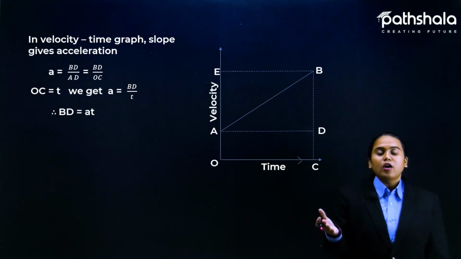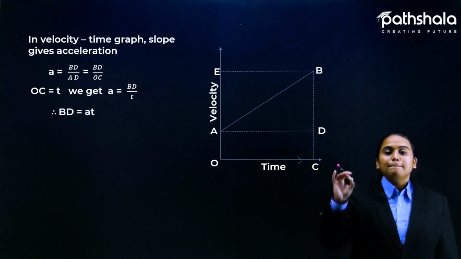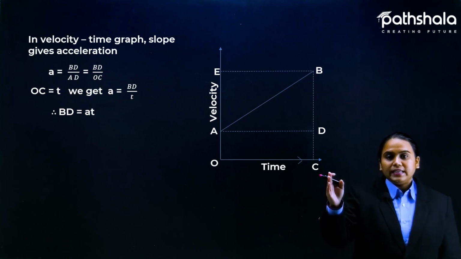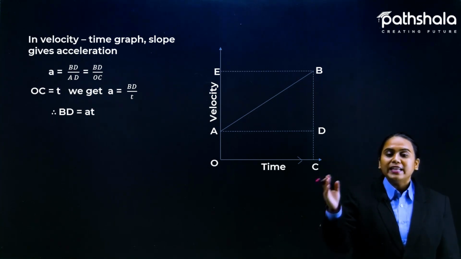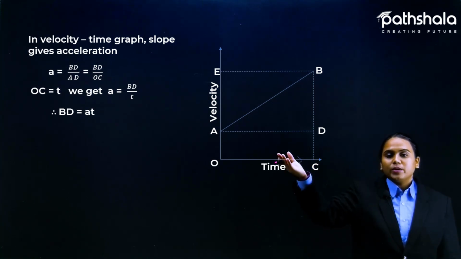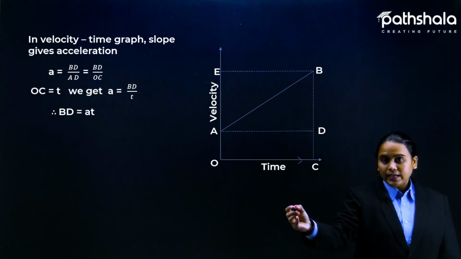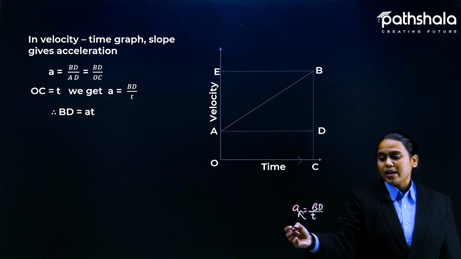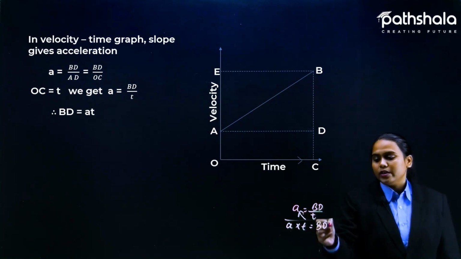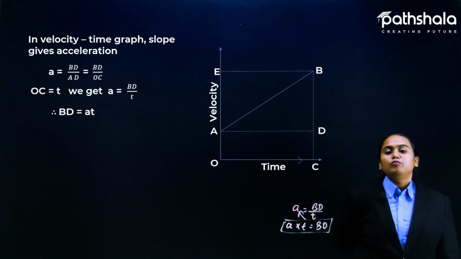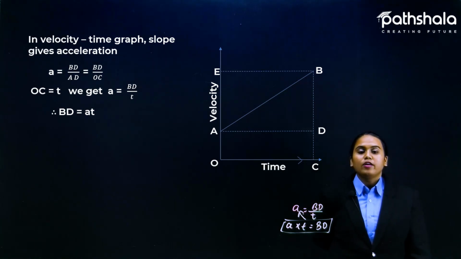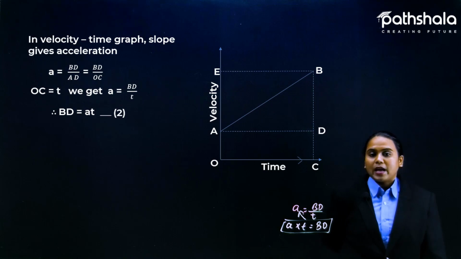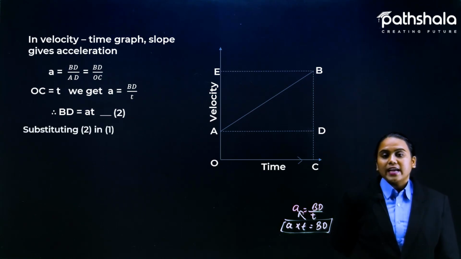Now moving forward, we get to know that BD is equal to A multiplied by T. It is a cross multiplication: A is equal to BD upon T, so cross multiplying, we get the value of BD, that is A multiplied by T. That is the second part.